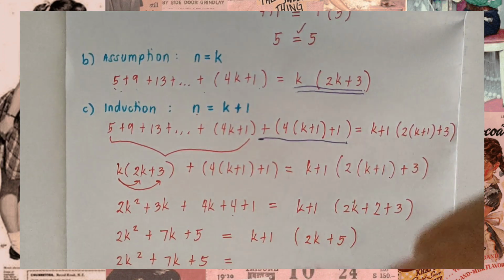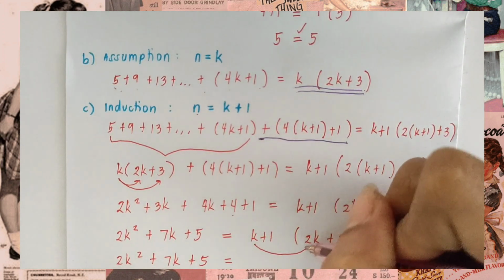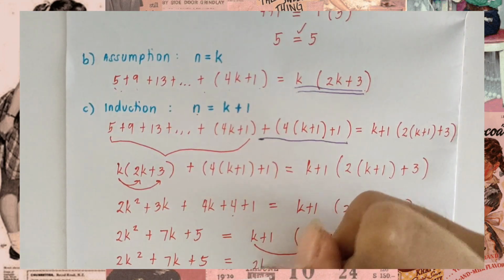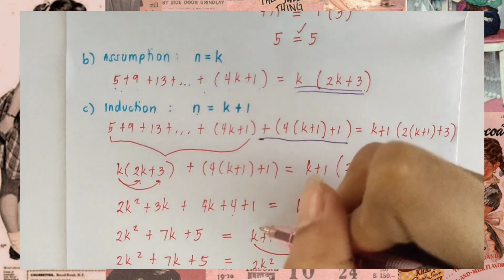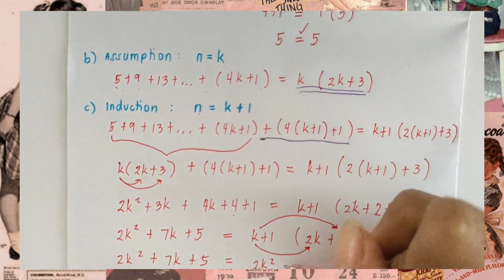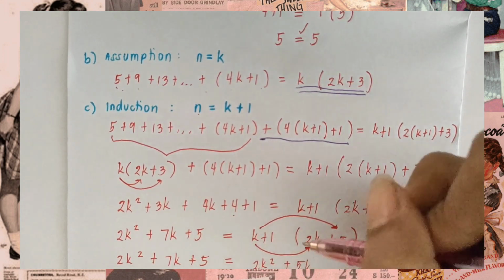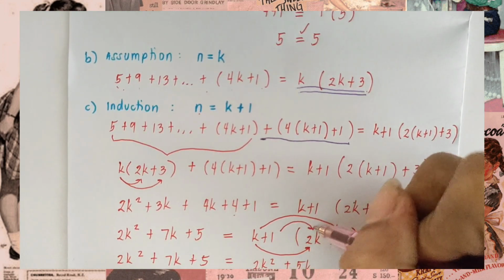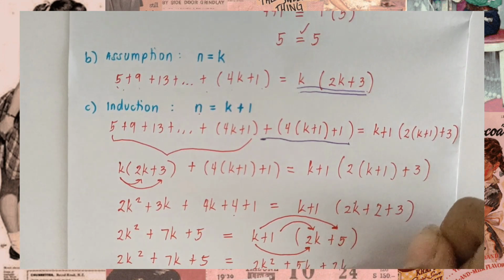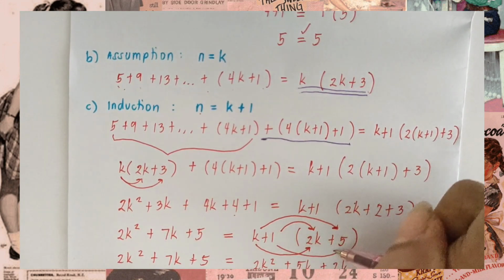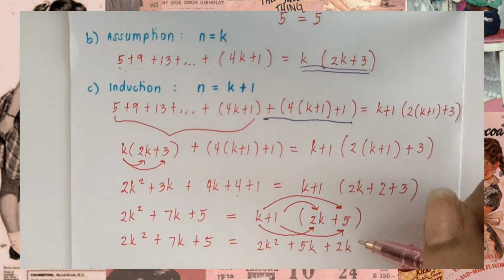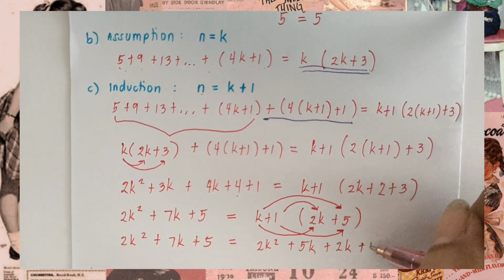So let's distribute k times 2k, that is 2k squared. Next, k times 5, that is 5k. 1 times 2k, that is 2k. And then 1 times 5, that is 5.